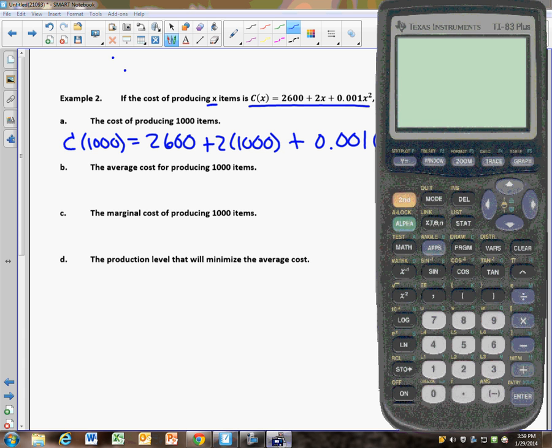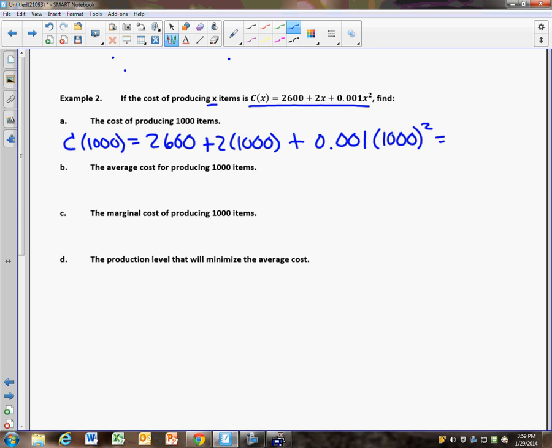And we can just type that in our calculator. 2,600 plus 2 times 1,000 plus 0.001 times 1,000 squared. We'll get 5,600. Okay. Cost of producing 1,000 items is $5,600.